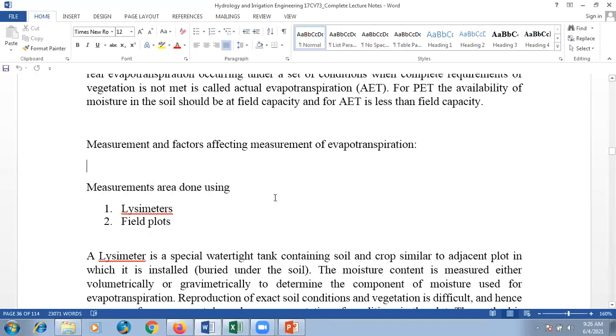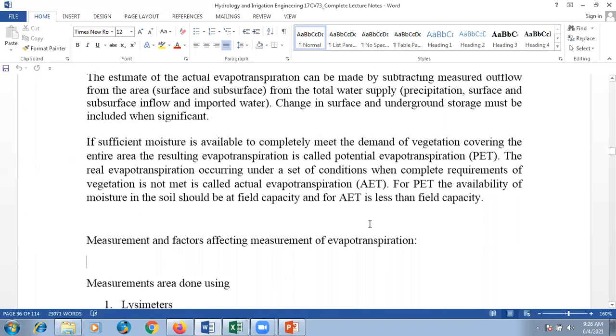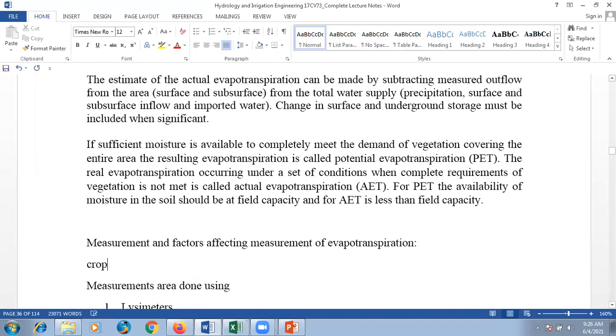When it comes to factors affecting, you would just say that I will send a small note on this: crop and its variety, availability, type of soil, and availability of moisture in the soil.